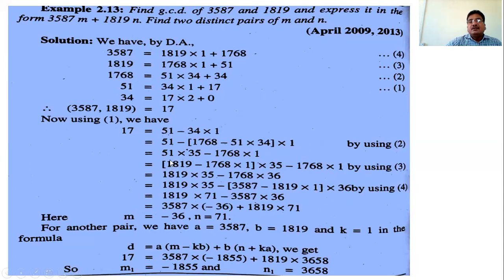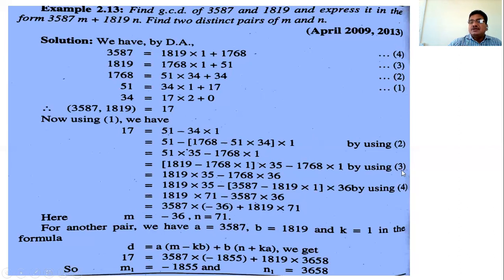Then what is the next equation? Use the third equation. From the third equation, find the value of 51. 51 is 1819 minus 1768 into 1. So write here the value of 51 as 1819 minus 1768 into 1, into 35 as it is, minus 1768 into 1 as it is, using the third. Here is the use of 2, here is the use of 3.